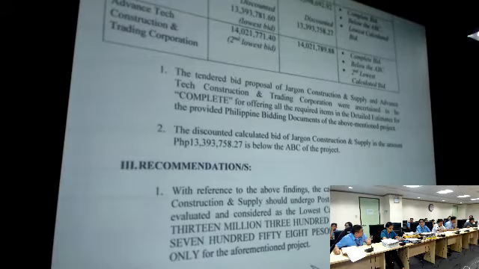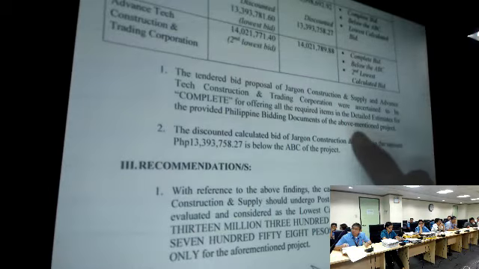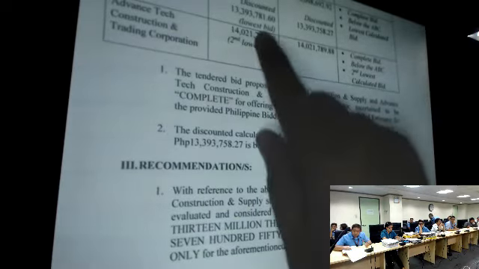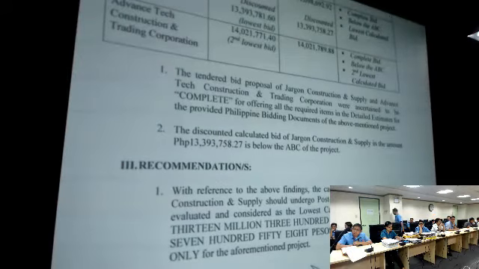However, sa financial bid form, they indicated a 5% discount for the project. So, computing the 5% discount, they will have a discounted proposal of 13,392,781.60, and naging lowest bidder po sila dito.